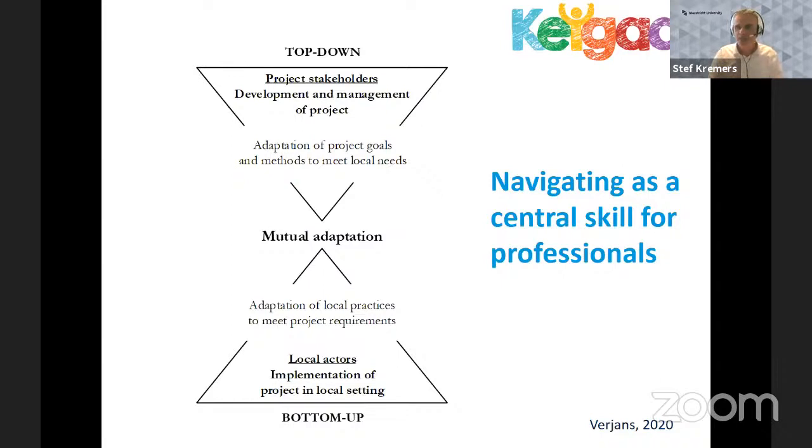So in this process of navigating, I think what the research up to now has shown is that this idea of navigating is a very central skill for professionals. So I think good professionals that stimulate health promoting schools are very good at navigating.